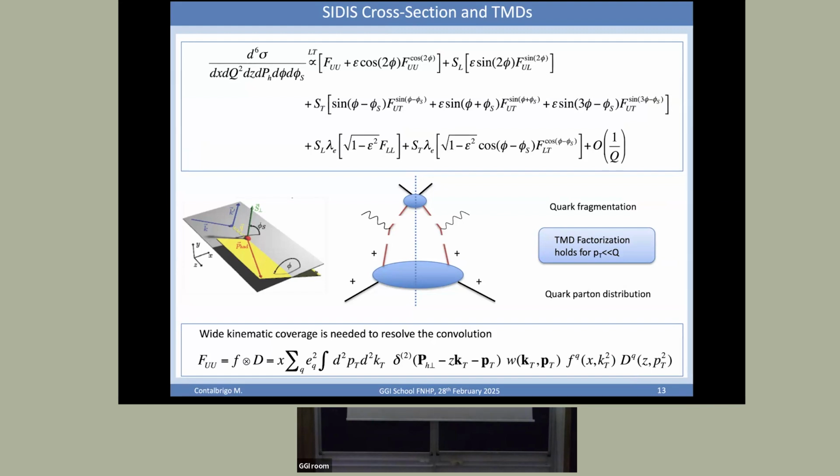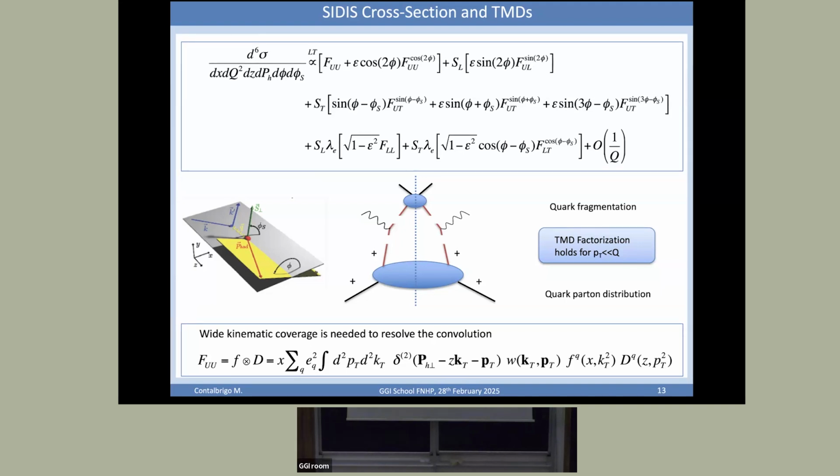What you see is like a sort of simple Fourier decomposition. Then you just keep the terms that satisfy the symmetries. The ones that do not satisfy them you don't take. And you end up with these 8. It's a pretty general and generic decomposition of the cross-section. And what you notice is that there are modulations and there are dependencies on the polarization. This is longitudinal target polarization, transverse target polarization, and helicity of the beam.